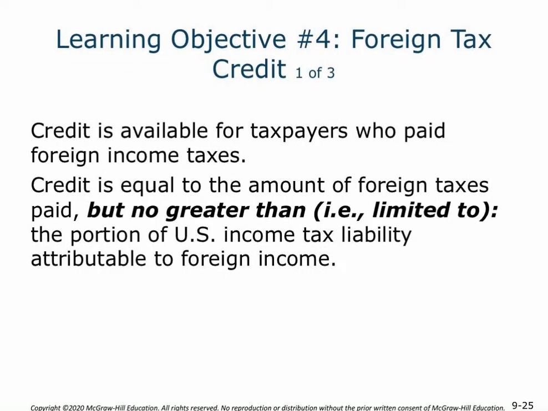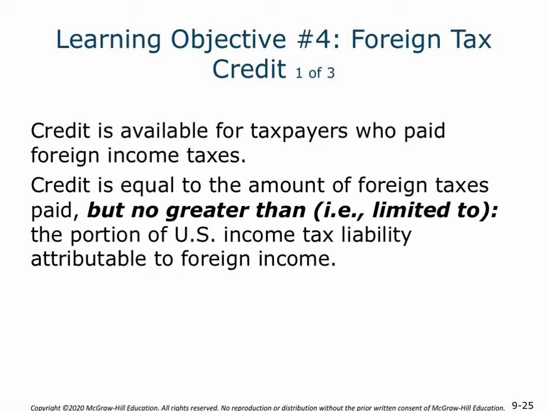Learning objective 4, foreign tax credit. For most individuals that are taxpayers in the United States, they earn their income in the United States, so this foreign tax credit is not going to be an issue. But for those individuals that have income earned abroad and pay taxes abroad, it's going to feel like double taxation if they pay tax on that income in the United States, as well as paying tax on that income in the foreign country in which it was earned.